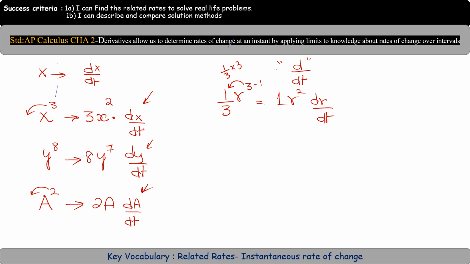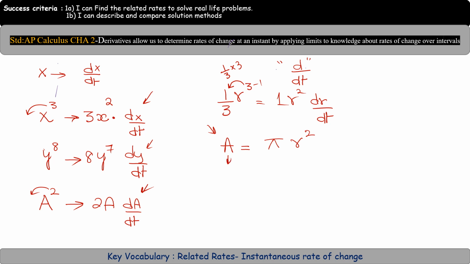Now let's apply the concept to an equation. For example, if I have the equation of the area of the circle, A equals pi r squared, how can you take the derivative? Take the derivative on the left-hand side and right-hand side both.